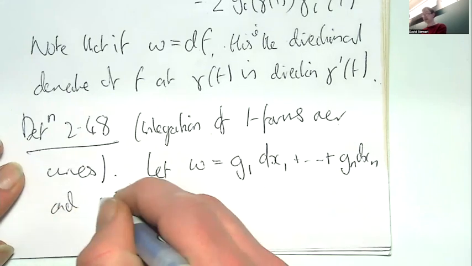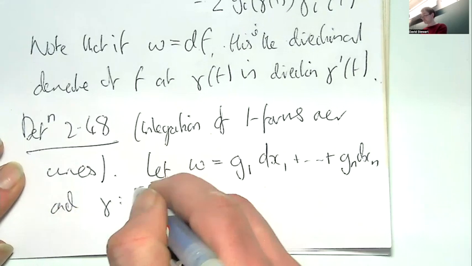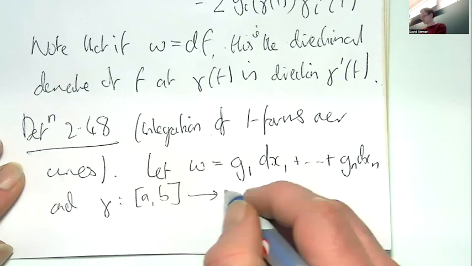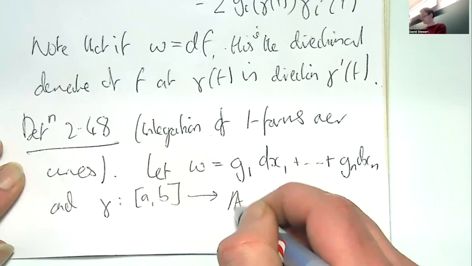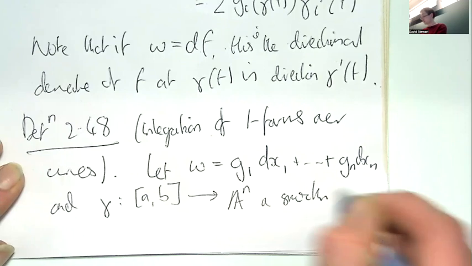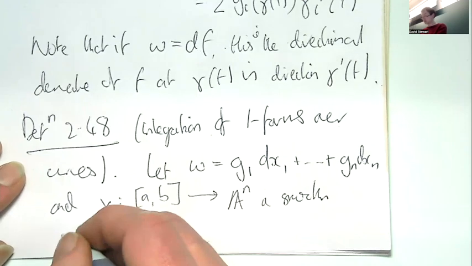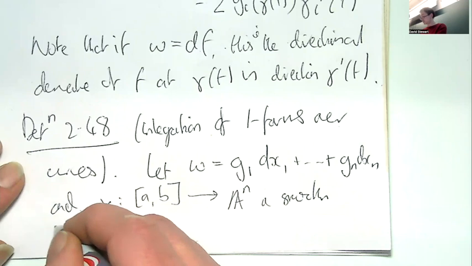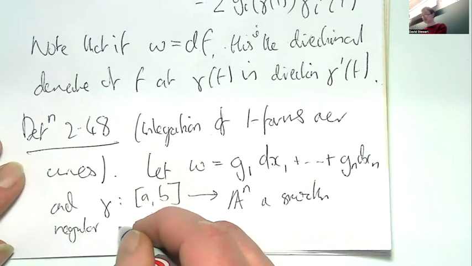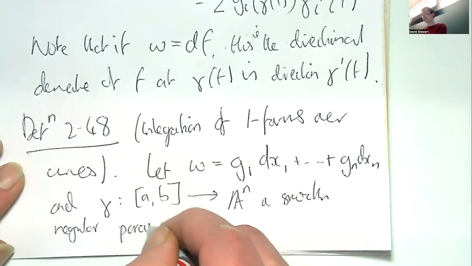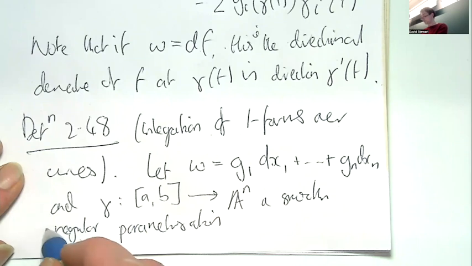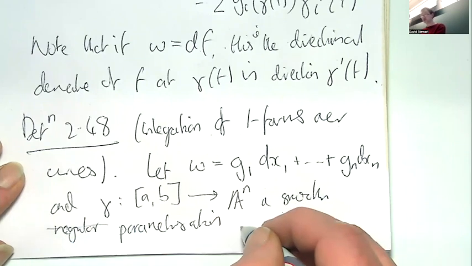And let gamma from A to B, this interval, be a smooth regular parameterization of C. We haven't really discussed this, but it's not something I want to go into. You can forget this word.